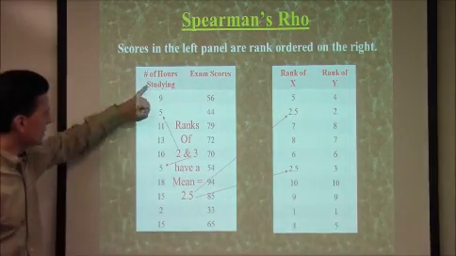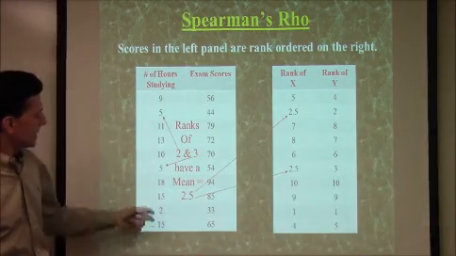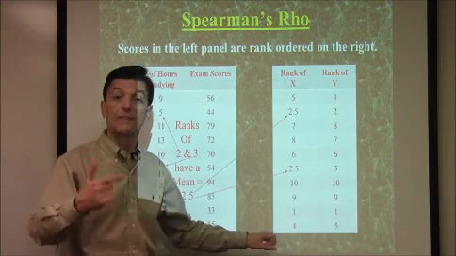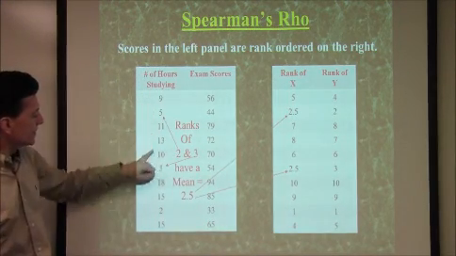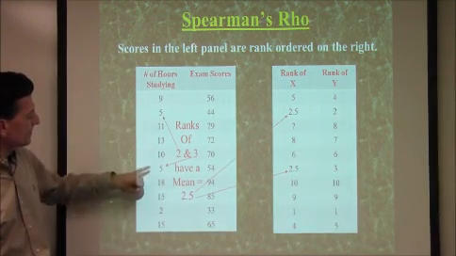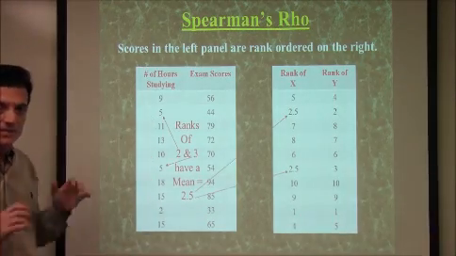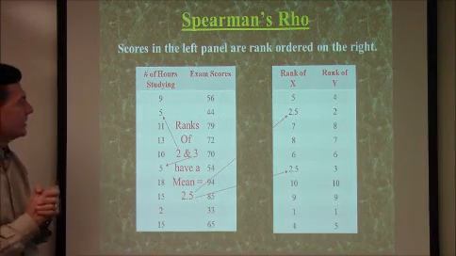Well, the first thing we might do is take a look for the lowest number, and that happens to be 2, so that's going to get a rank of 1. Then we can go to the second and the third number, and we might look for the second and third lowest number. Here's a 5, here's a 5. Now, interestingly, we have 2 5s there, so there's a tie, and this is typically what we do for a tie.